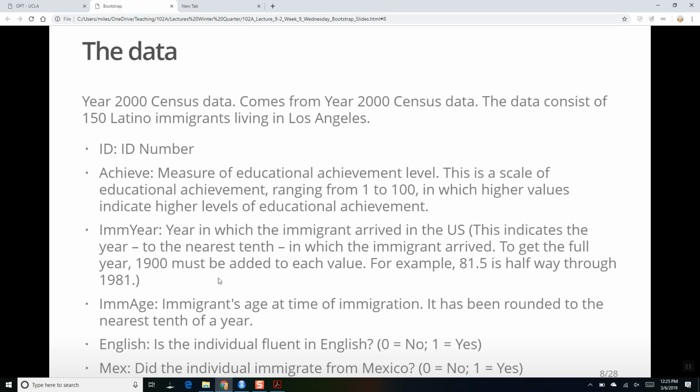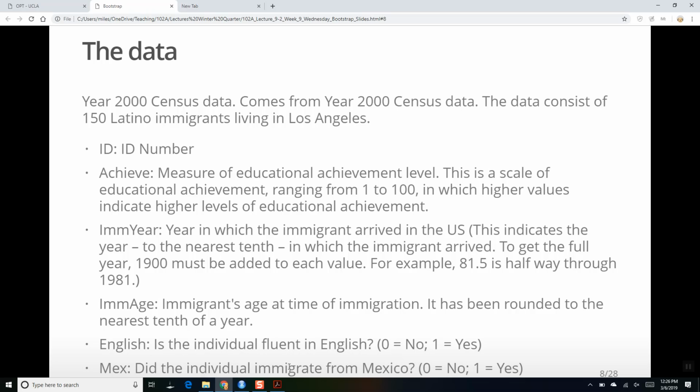And then there are other things: the year in which the immigrant arrived in the United States, the immigrant's age at the time of immigration, is this individual fluent in English, and did the individual come from Mexico? We're really just interested in the achievement versus whether they came from Mexico or not.